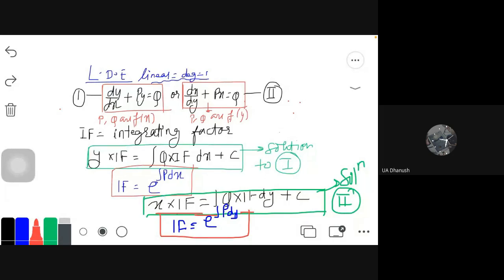Then we'll see one more type, general variable separable, which is very, very important from the JEE point of view. And then we'll directly move on to important exam numericals.